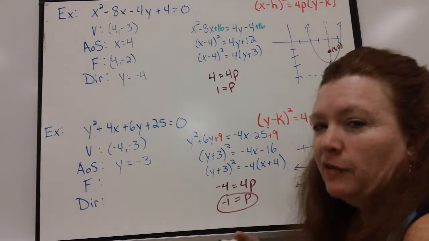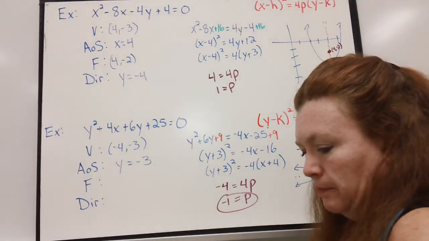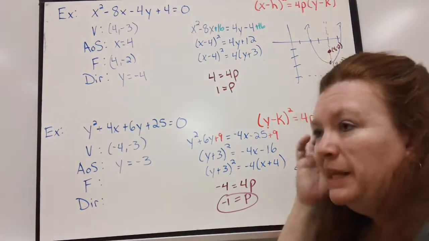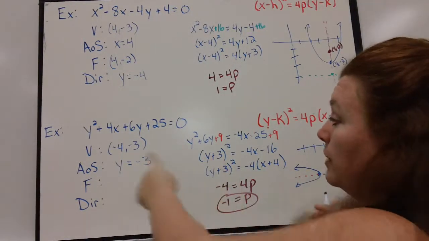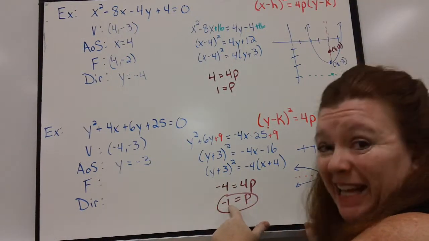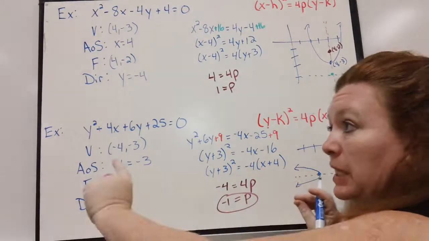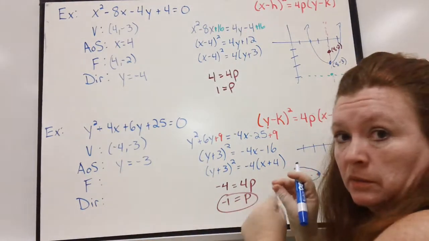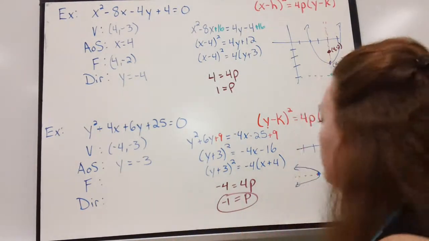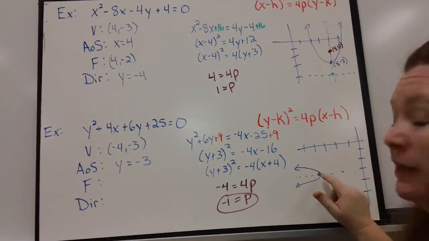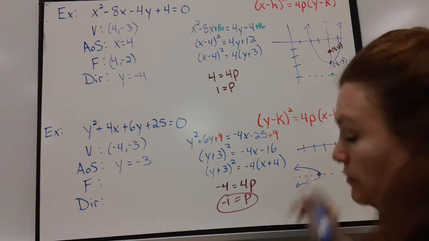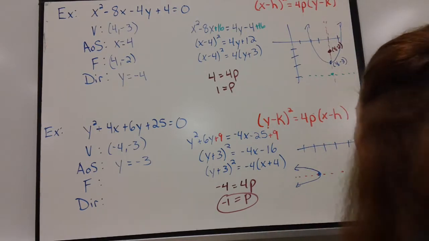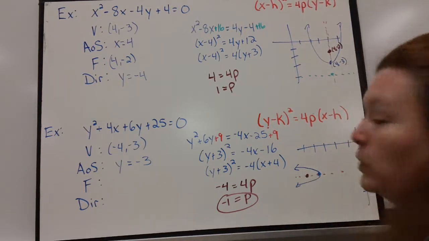Don't let the negative or the positive one concern you. I mean, it does help if you're not drawing a picture. If you're not drawing a picture, you know that from this point you need to move a -1. So you would either move to the left or down, depending on which way it opens up. If you have a picture, you can kind of see you're going to have to go to the left one to get to the focus.